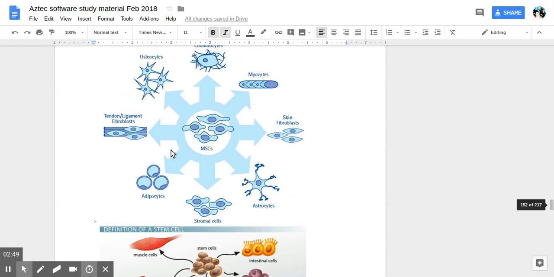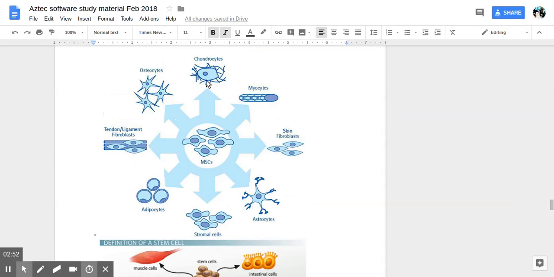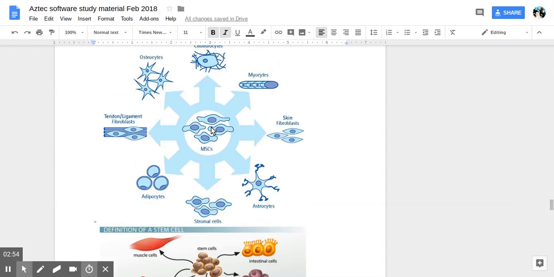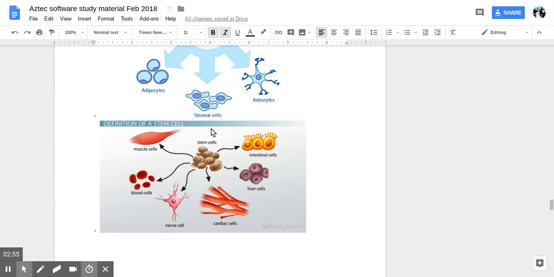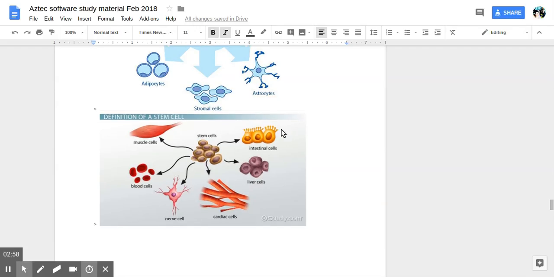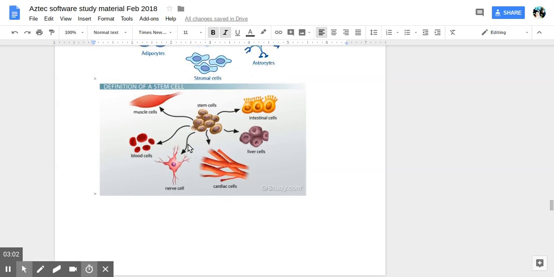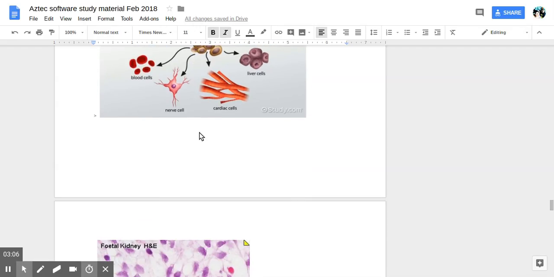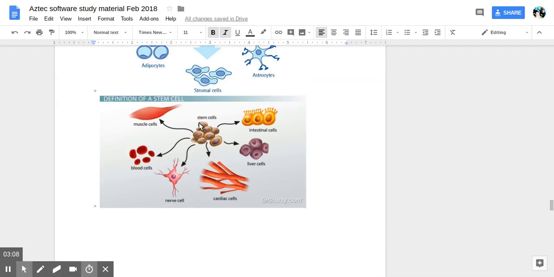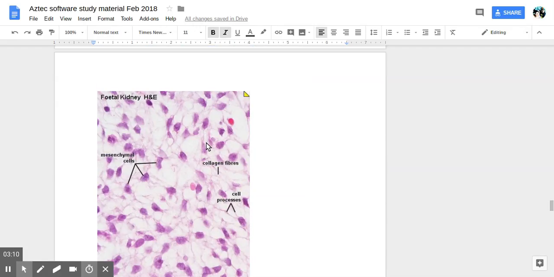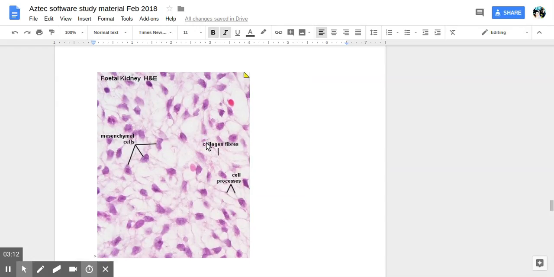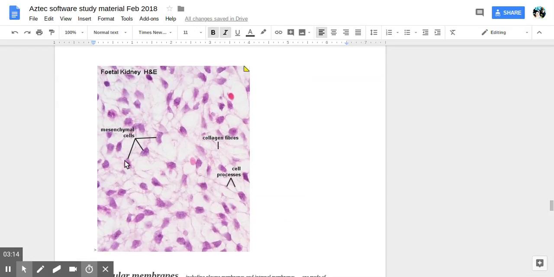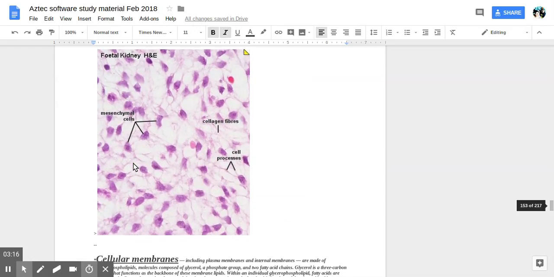They're just termed differently. So, okay, the intestinal cells, liver cells, muscle cells, blood cells, nerve cells, cardiac cells, all come from the stem cells. Okay, this is a picture in the microscope showing the mesenchymal cells.